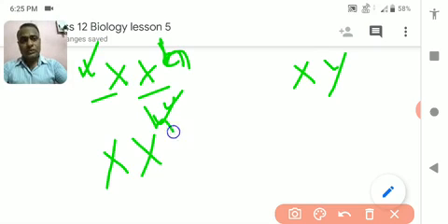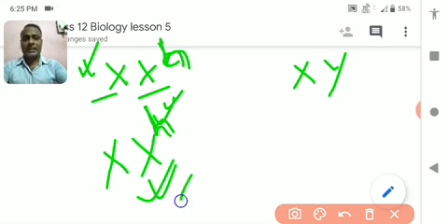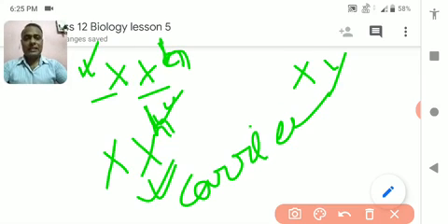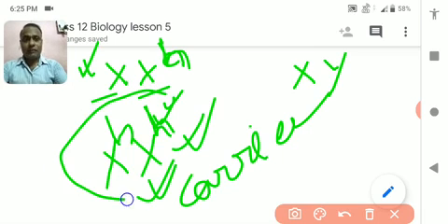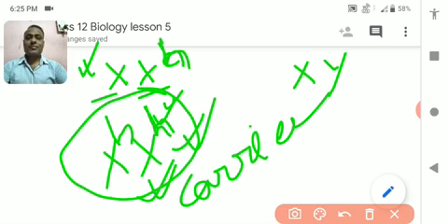If one X chromosome contains the hemophilic trait, the female will be a carrier because it is recessive, and the female will not show any kind of hemophilic character. If both the X chromosomes contain the hemophilic trait, then the female will become hemophilic. Once again I am repeating it, try to understand.